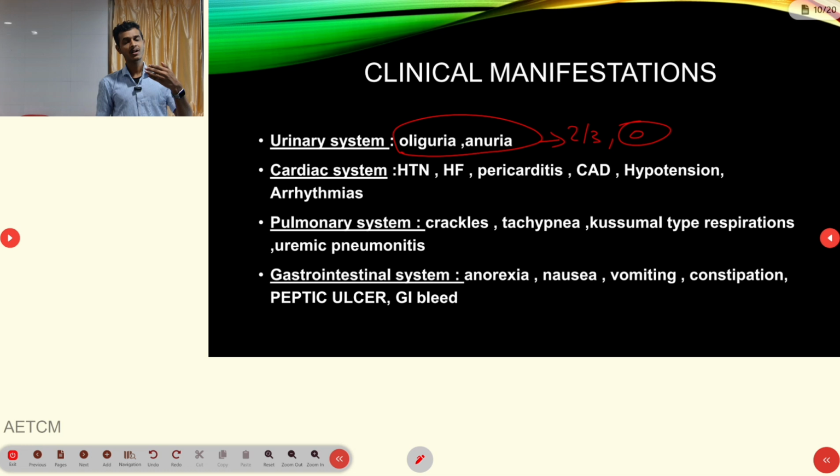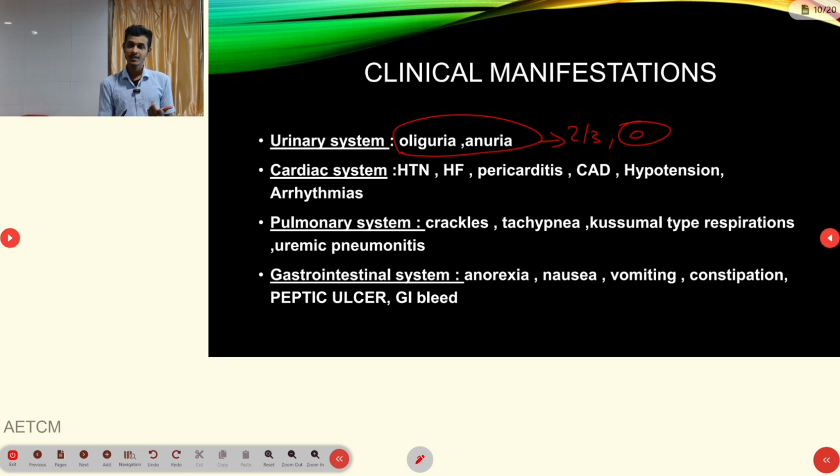What are the consequences? Because of the increased fluid overload, it will automatically affect your organs. In the whole body, the person will develop anasarca. That is the first complication.